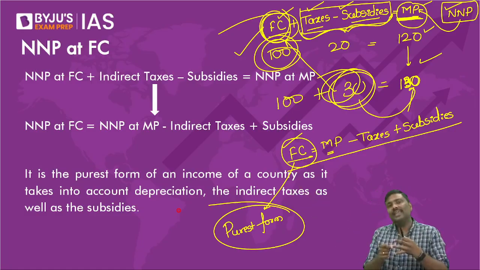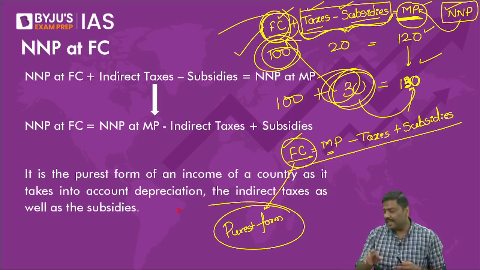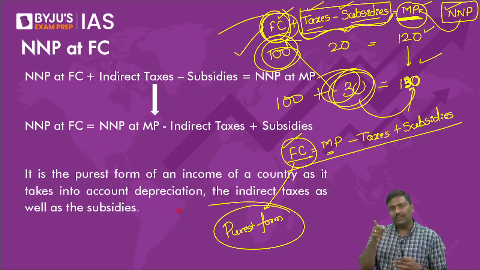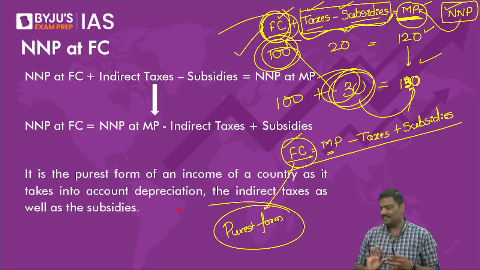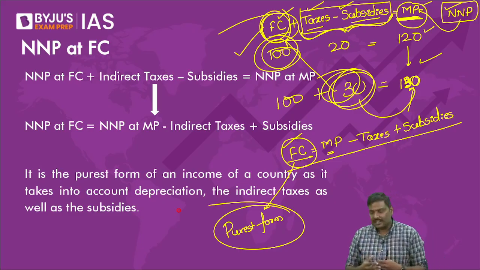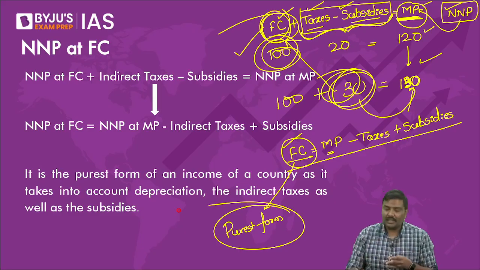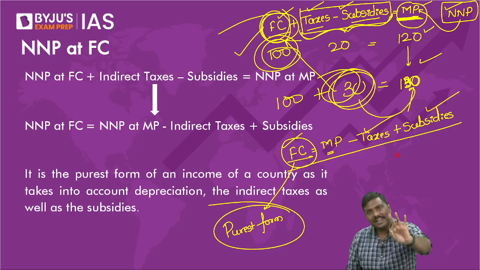Am I removing the impact of depreciation? Yes. Am I removing the impact of subsidies? Yes. Am I calculating this only for Indian citizens, Indian nationals? Again, the answer is yes. So what you have done is, you have accounted for depreciation, you have accounted for the taxation, subsidies and production done by only nationals of India.